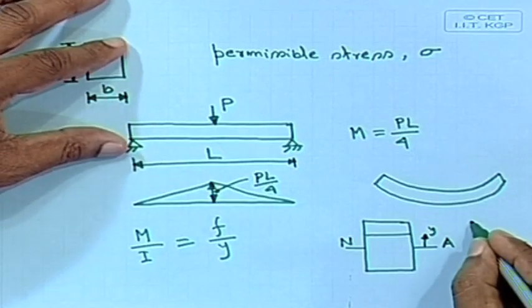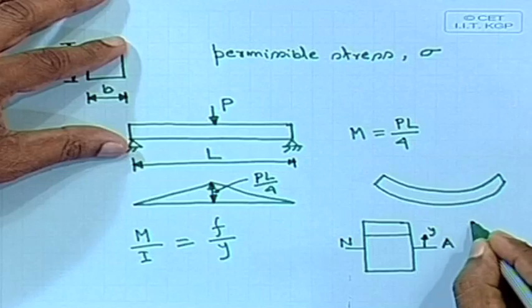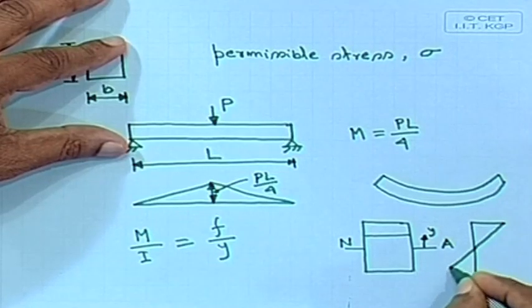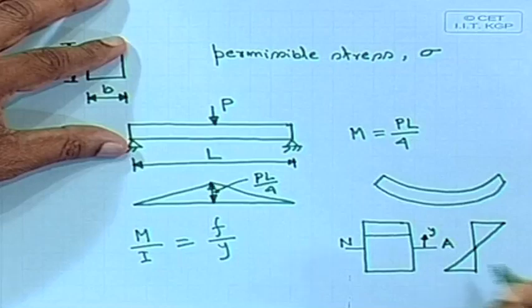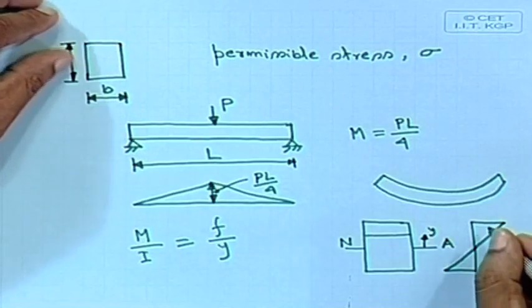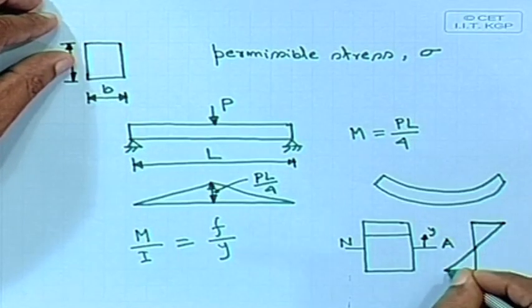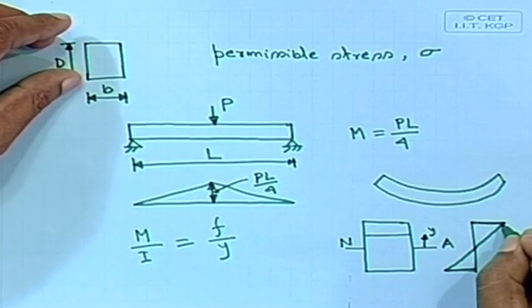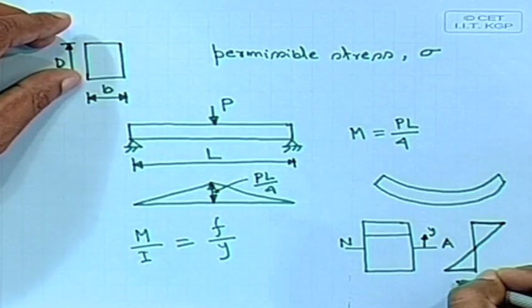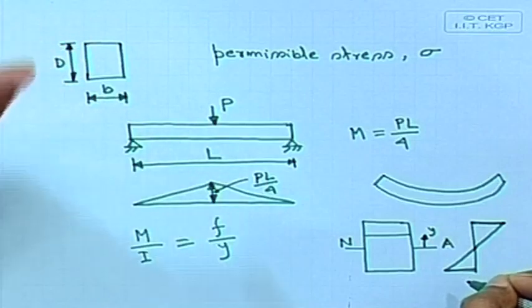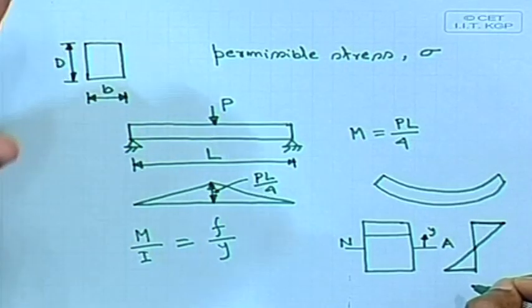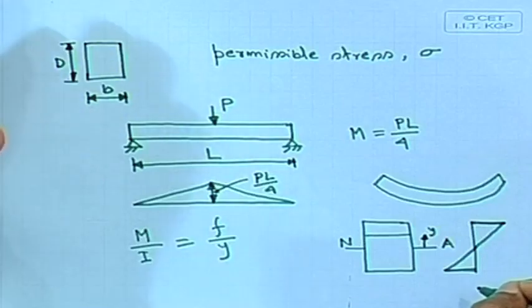Generally the stress diagram comes like this: at the neutral axis it will be 0, and the stress will be maximum at the outer edges, at the top and at the bottom. We find that stress, and on the basis of that we have to check whether it is within the permissible limit or not.